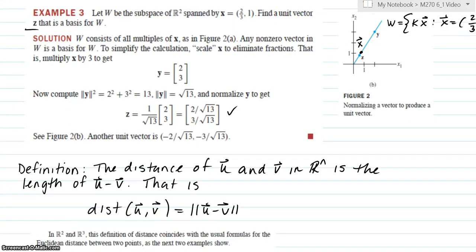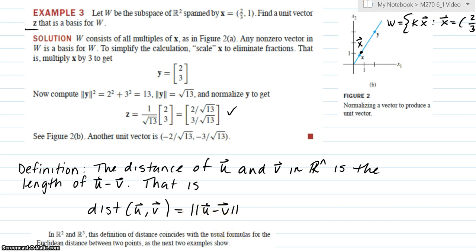And the next definition is on distance. The distance of U and V in Rn is the length of U minus V. So the length, if you remember, or the norm of U minus V is the double straight lines.